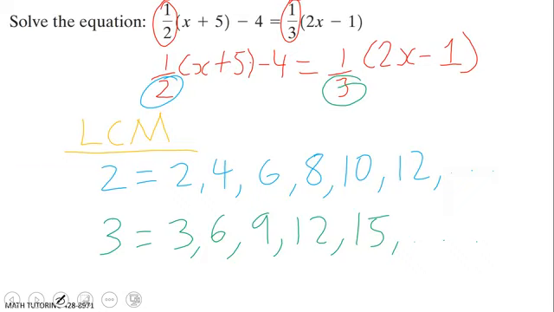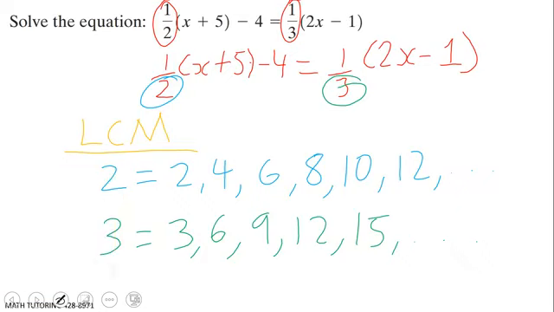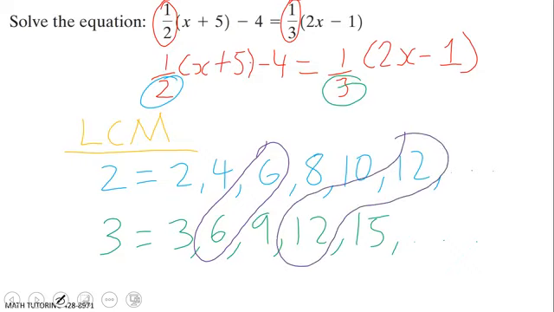Okay, so now what are some common multiples between the two? Well, we know 6 and 6 are common between the two. We could see that. You see anything else in common? We see 12 and 12 is common. And there are other common multiples, but we're not looking for simply or merely common multiples. We're looking for the smallest common multiple, right?